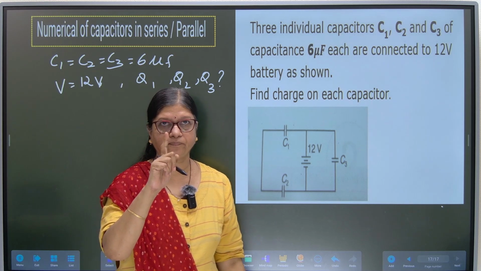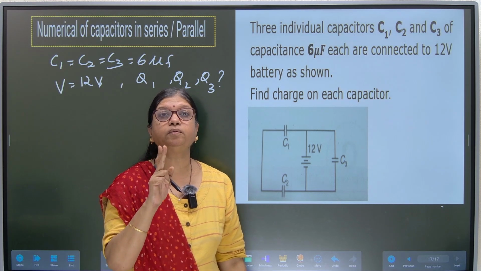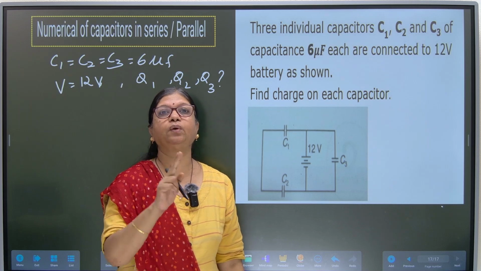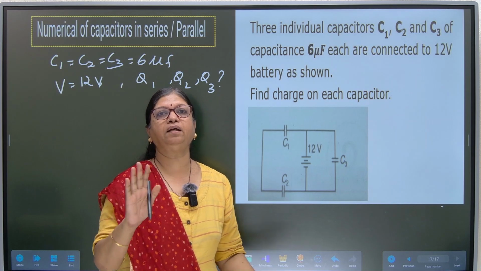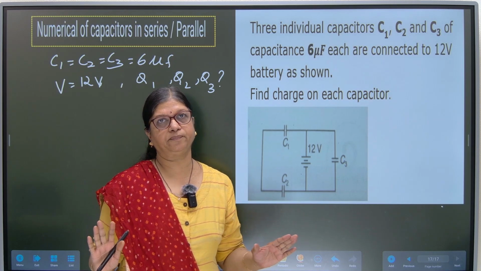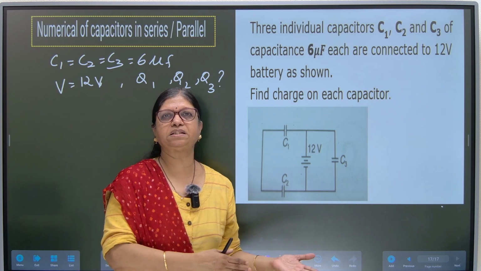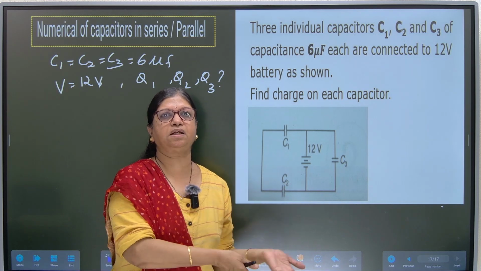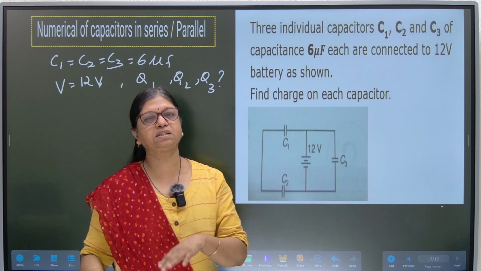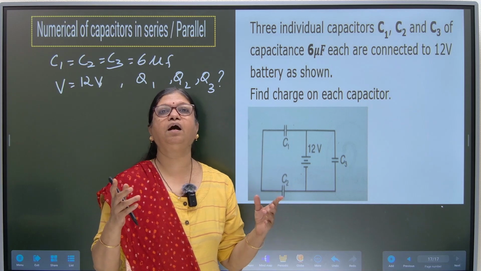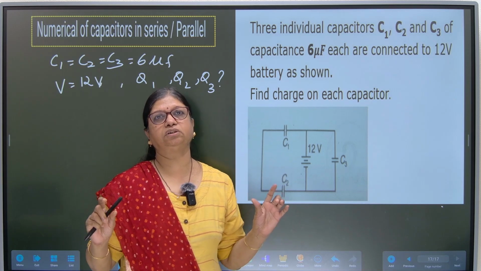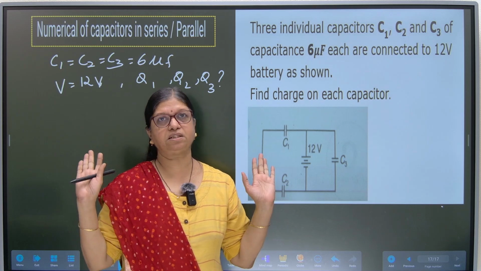Step 2, using equivalent capacitance, find out the total charge. Then we will see which capacitors are in series, in parallel, and accordingly how to arrange the charges. Fine, these are the steps.